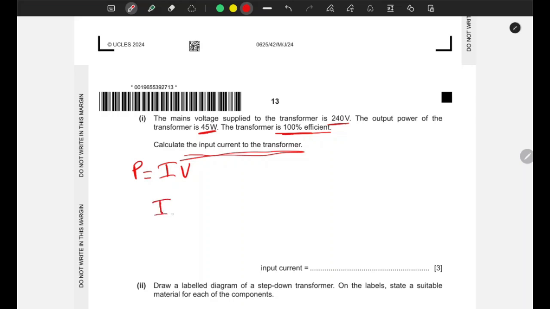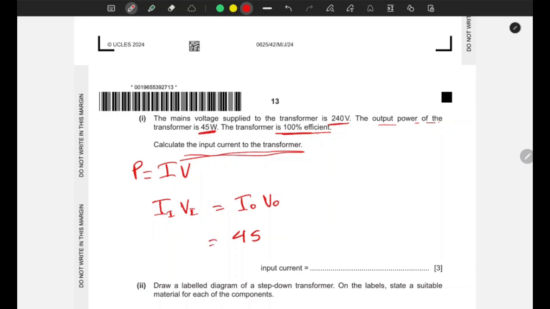So current of input times voltage of input equals current of output times voltage of output, because for a transformer which is 100% efficient, power is the same, it doesn't reduce. So the output power of the transformer is 45 watts. So this side is 45.